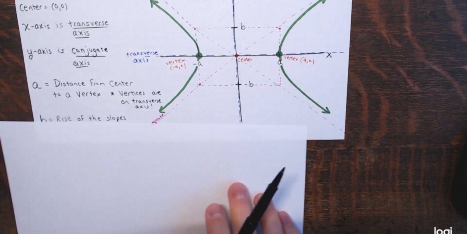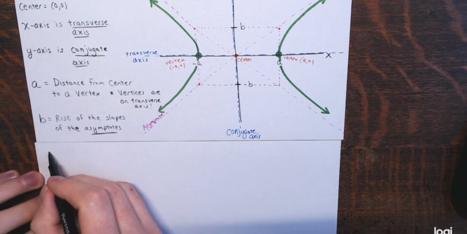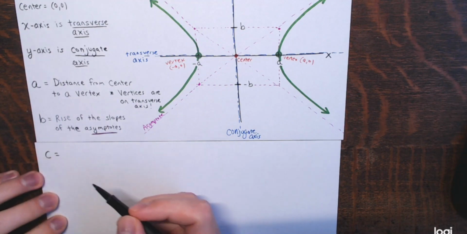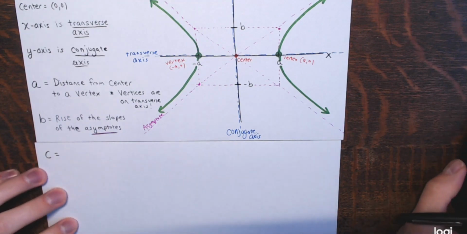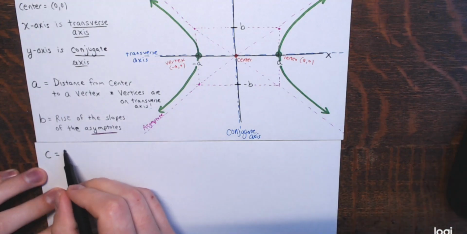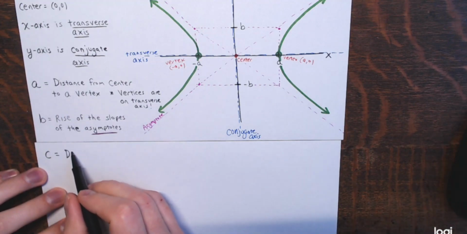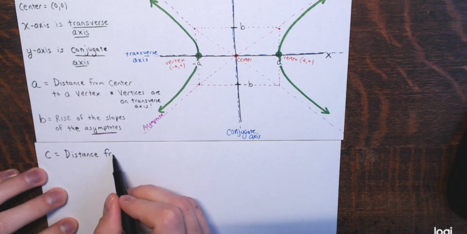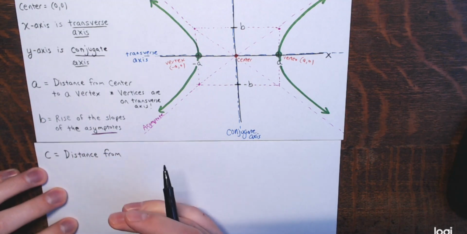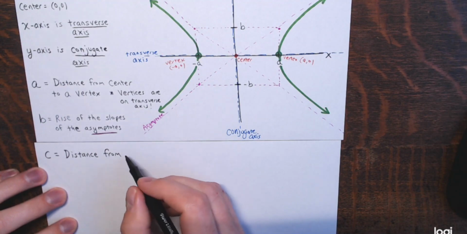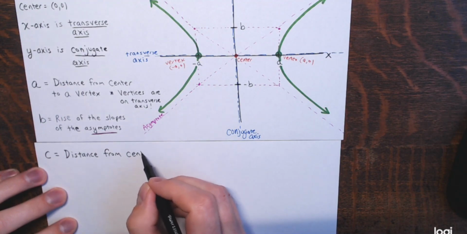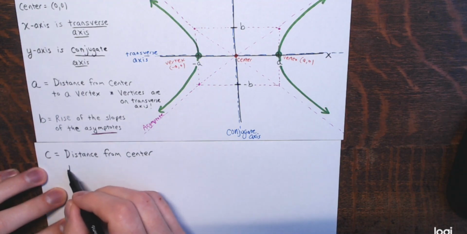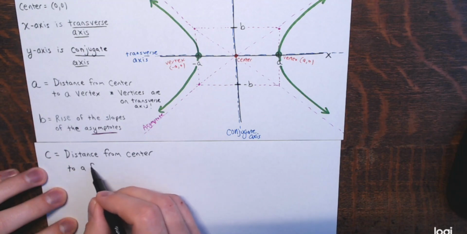Right, there's going to be a number called C, and C is going to be the distance from the center to these foci. I know this is a lot here, but hopefully after several examples, you'll get used to all these letters and all this stuff. It's the distance from the center to a focus.